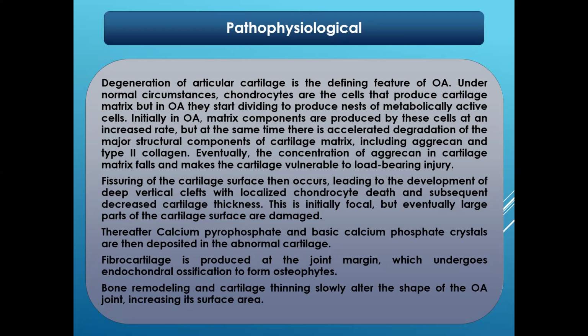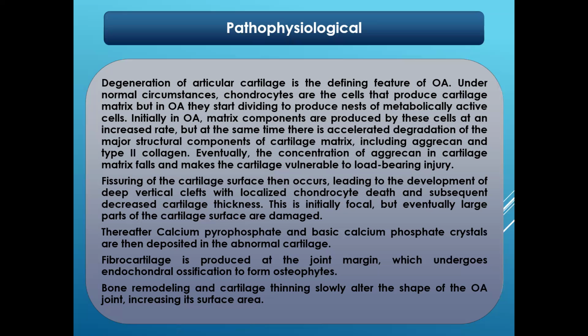But in an OA patient, these chondrocytes start dividing to produce nests of metabolically active cells. At the initial stage, the matrix components are produced by these cells at an increased rate. But at the same time, there is accelerated degradation, destruction of the major structural components of that cartilage matrix.